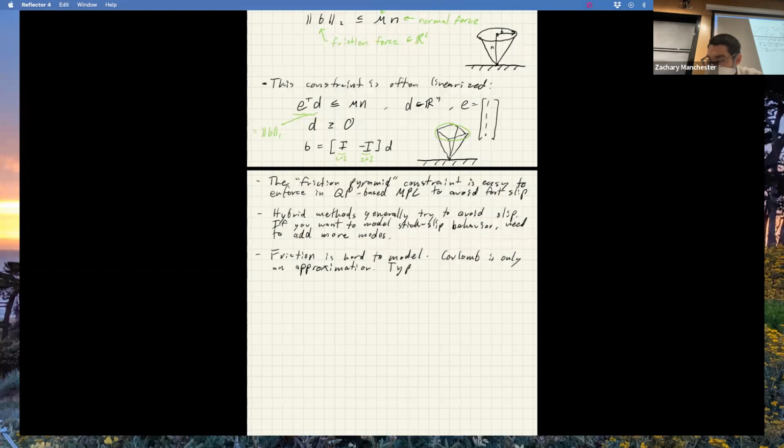And typically in real applications where you don't want to slip, use a conservatively small mu.